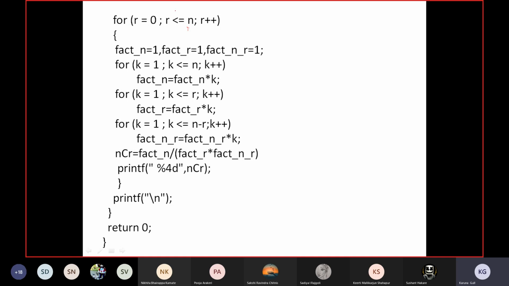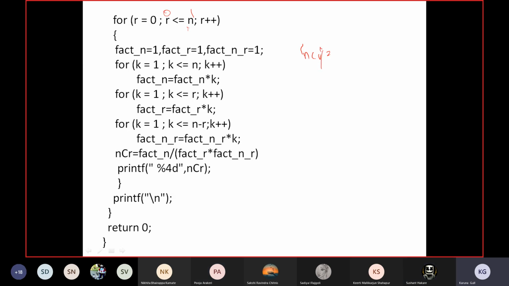Tell me, this is 0 again. So n value is 1 now. So this is 0 is less than or equal to 1. Yes, true. Okay. What is the value of nCr now? So n is 1.